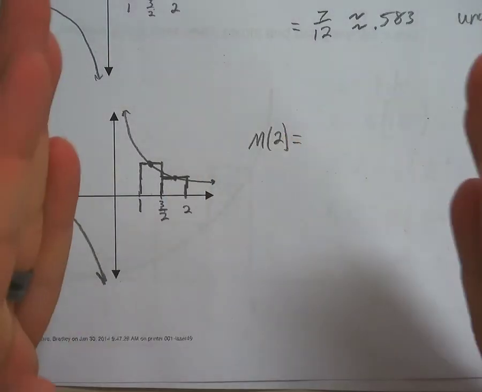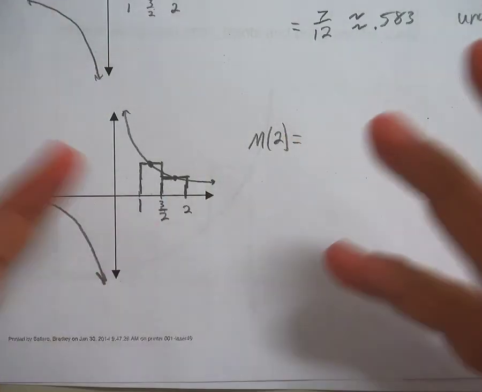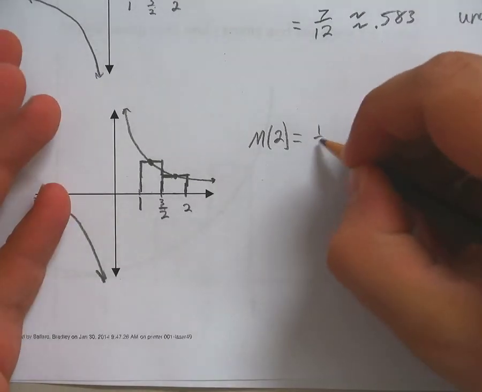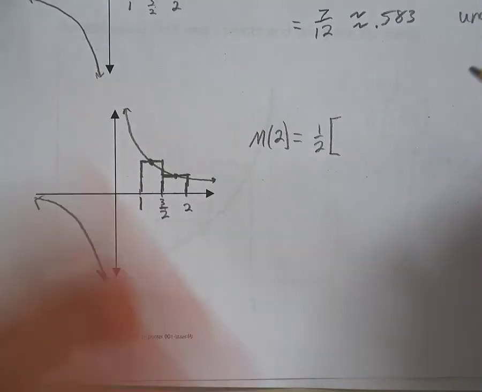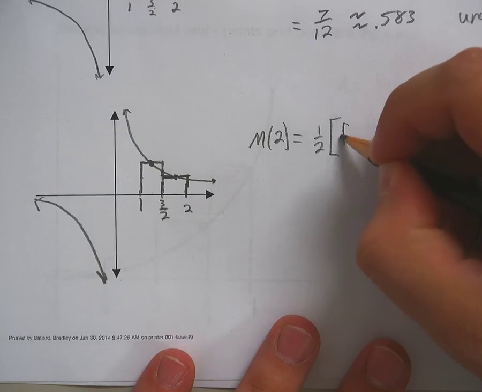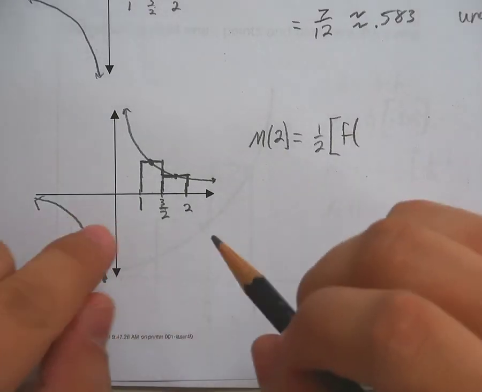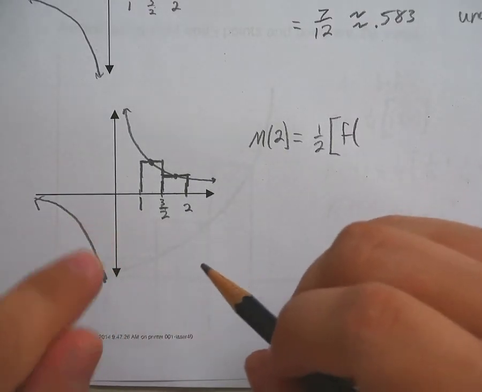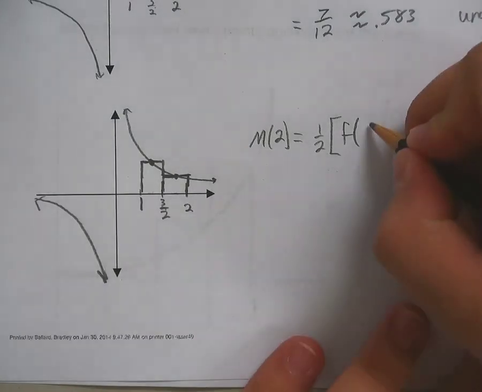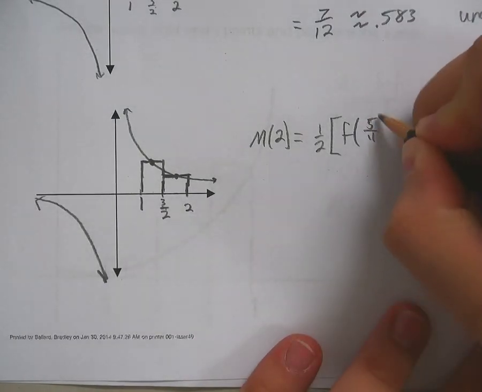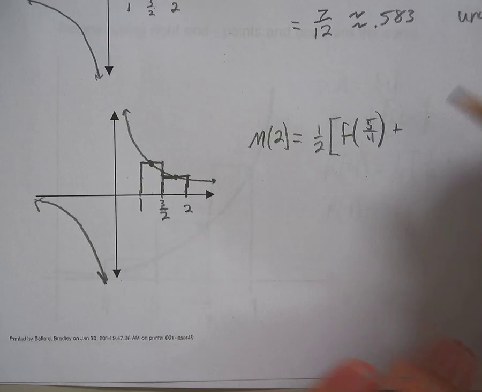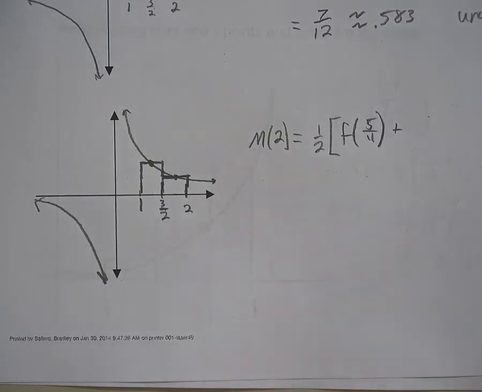Your delta x is still the same. It's still 1/2. What's going to change now, though, are your functions. So what's halfway between 1 and 1.5? Well, it'd be 1 1/4, right? 5/4. Plus, what is halfway between 1.5 and 2?